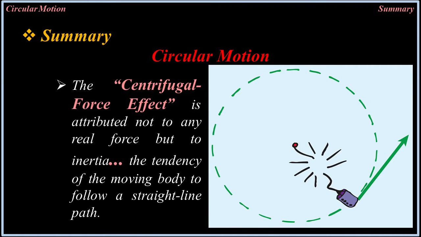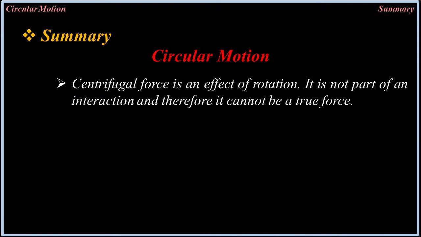The centrifugal force effect is attributed not to any real force, but to inertia, the tendency of a moving body to follow a straight line path. Centrifugal force is an effect of rotation. It is not part of an interaction, and therefore it cannot be a true force.